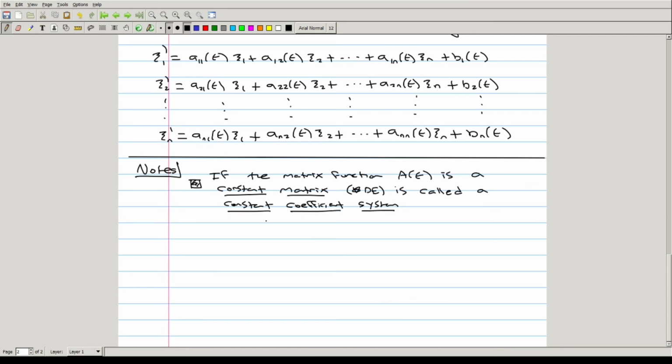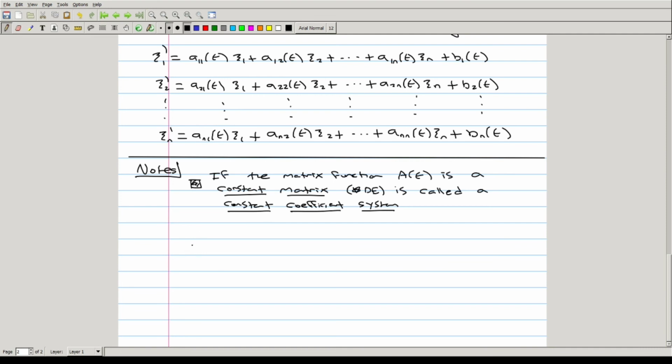And using the results of the lecture today, in the next lecture video we'll go over how to deal with and solve for the exact solution of constant coefficient systems. But I want to present this general solution method today because it's more general. It applies to all first order systems of ODEs.